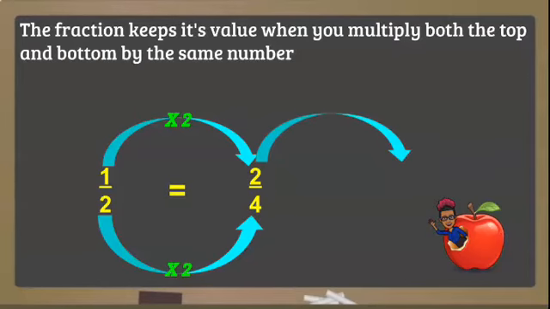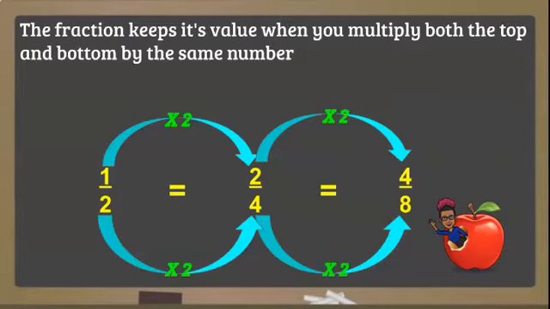We can go further, multiplying our numerator 2 by 2 again and our denominator 4 by 2, which gives us the fraction 4/8. So half is equivalent to 2/4, 2/4 is equivalent to 4/8, and half is also equivalent to 4/8.